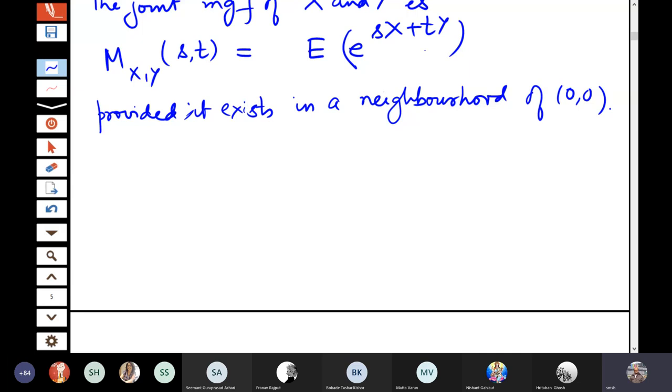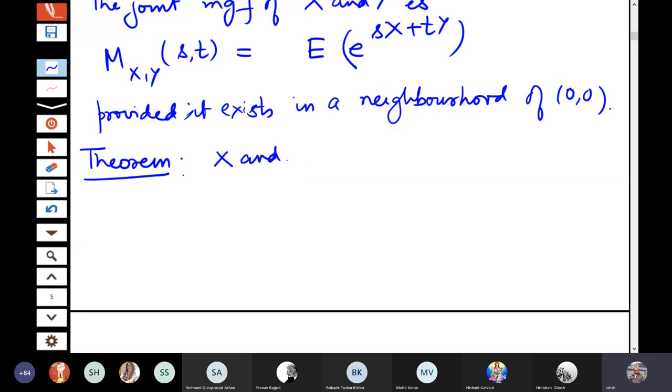Now we have seen that if the random variables are independent, then the expectation of a product is equal to the product of the expectations. In the case of MGF, this property is stronger. In fact, this is both necessary and sufficient for independence.